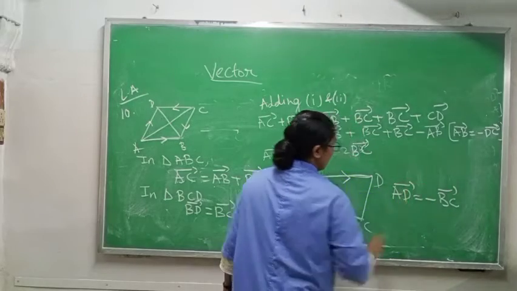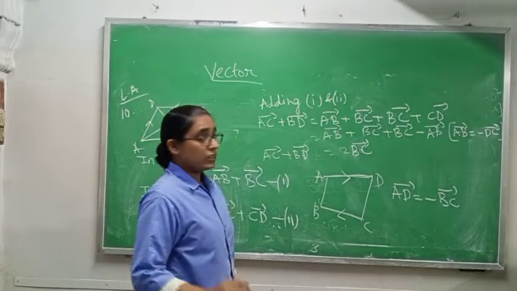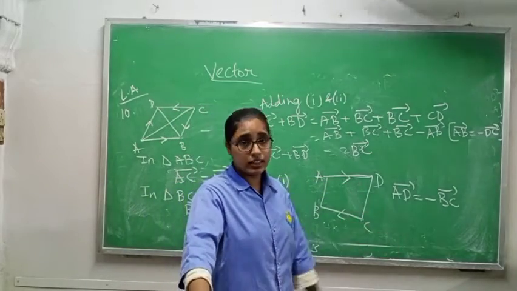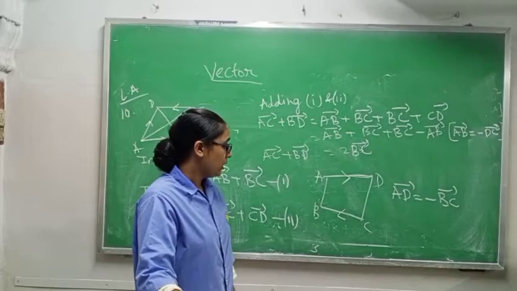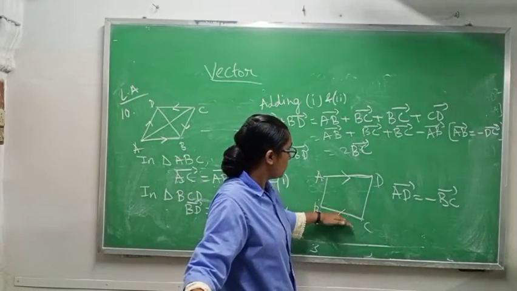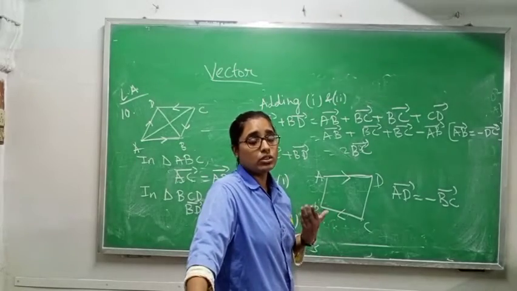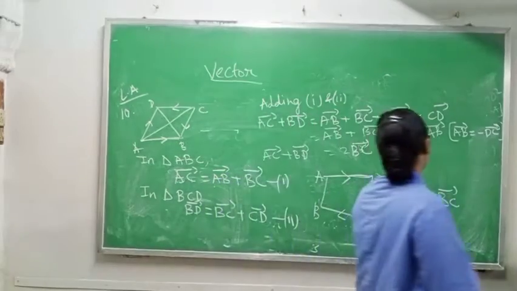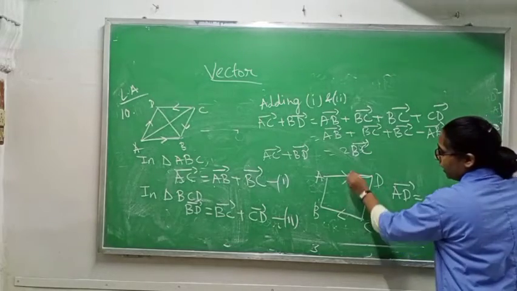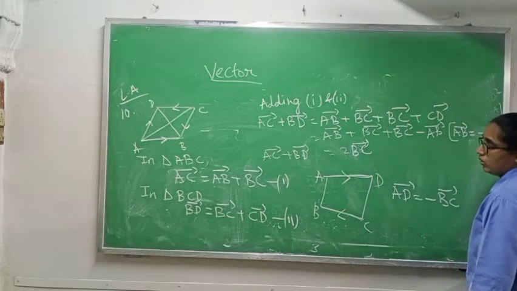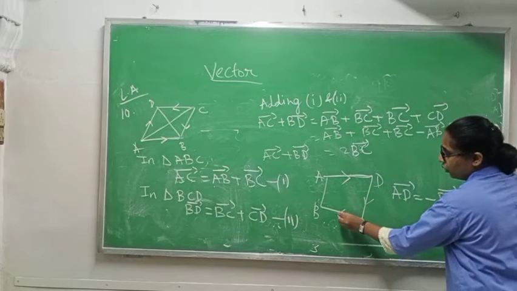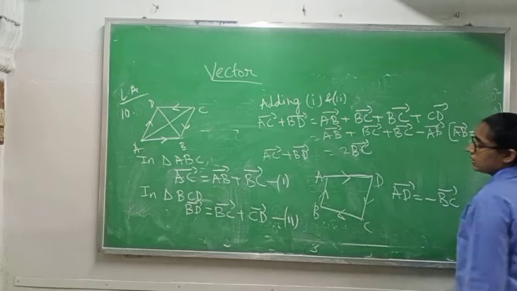Okay, this is the rule of vector, that in a parallelogram AD and BC both are parallel, so they can be equal. In class 9 you have done that if they are parallel they are equal. It means AB equals BC, but if you take it with the concept of vector, at that time AB vector is always equal to minus BC vector, meaning both will go in different directions. Okay, it is coming here, then it will go this side, then it will come this side.